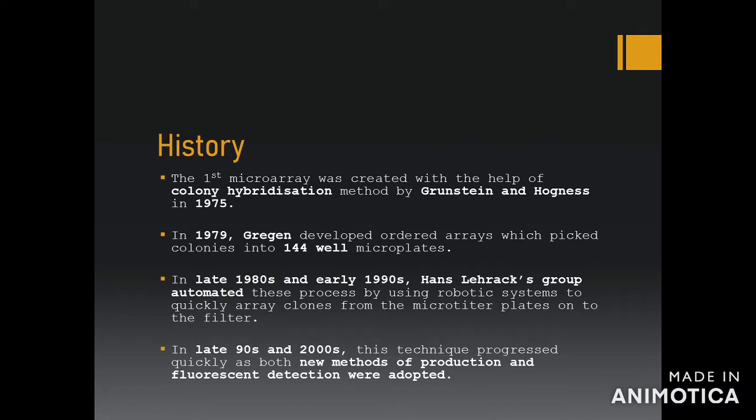Then in the late 1980s and around 1990s, Hans Lehrach's group automated this process by using robotic systems to quickly array clones from a microtiter plate on the filter. So here we moved on from a mechanical way to a robotic system. And then in the late 90s and 2000s, this technique progressed very quickly as new methods of production and fluorescent detection were adopted.